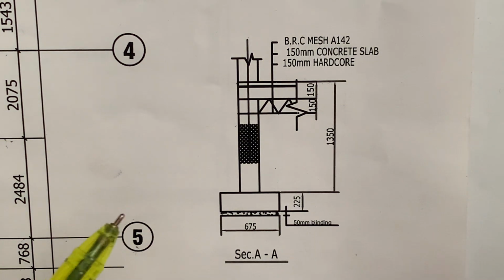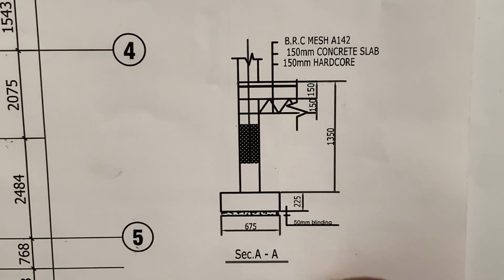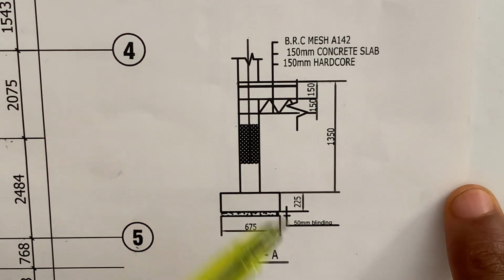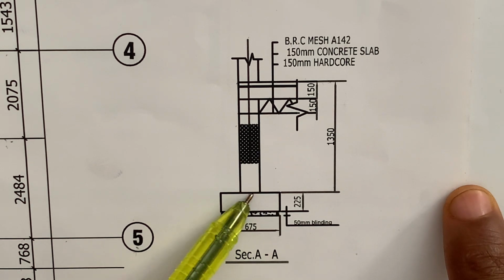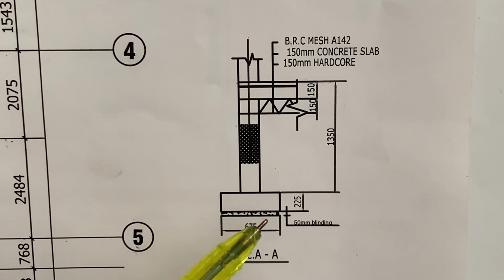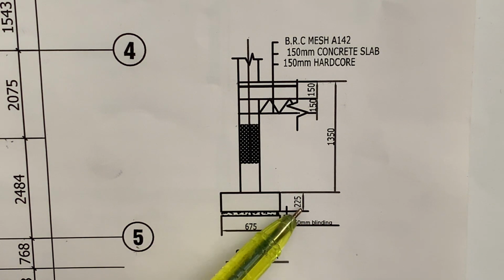Now you can see that it is similar to what we did when we were determining the depth of the column pit excavation. If you haven't watched that video, I will advise you to go and watch it. So we're going to be using the same approach. We know that the distance from the top of the oversized concrete down to the top of the foundation footing is 1,350. The thickness of the footing is 225, and there's a blinding of 50 mm.